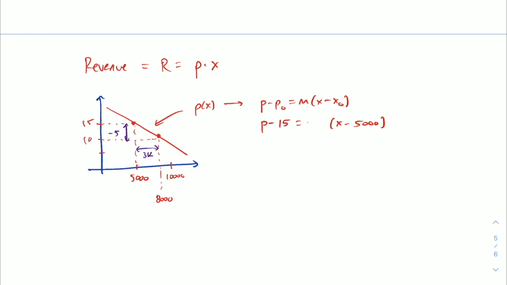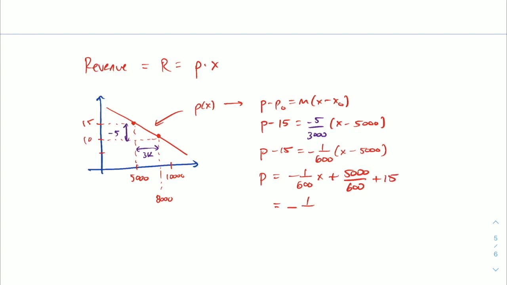So -5 over 3,000. Working this out, we get P minus 15 equals -1 over 600 times X minus 5,000. So P equals -1 over 600 X plus 5,000 over 600 plus 15.